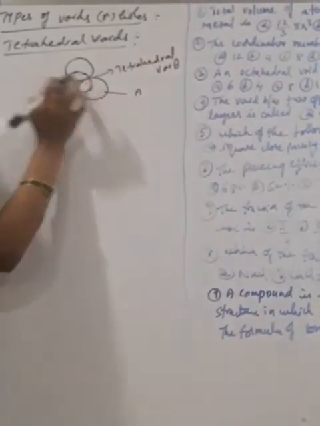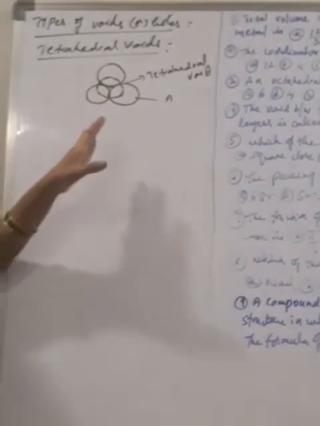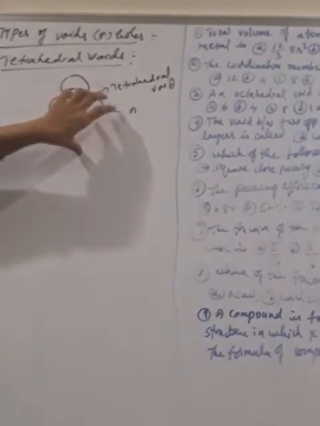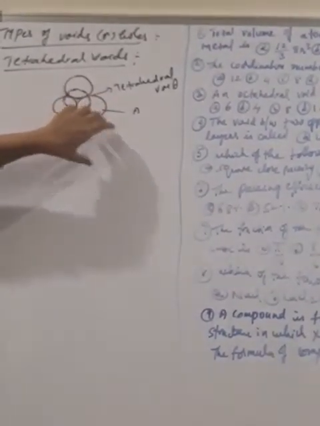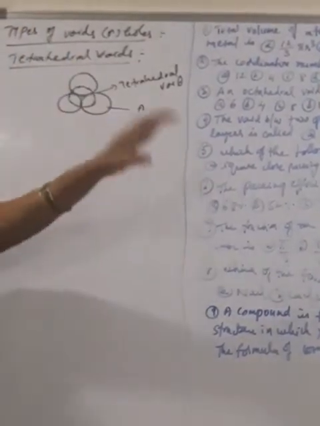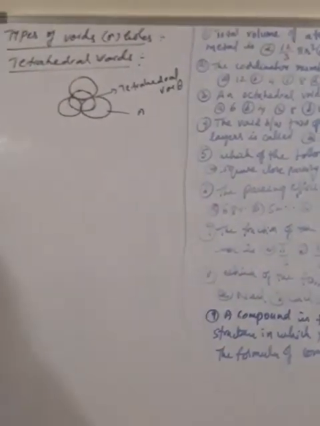So a tetrahedral void is formed by 4 spheres. When 3 spheres of a layer are in contact with a sphere which is present above or below the particular layer, that is called a tetrahedral void.